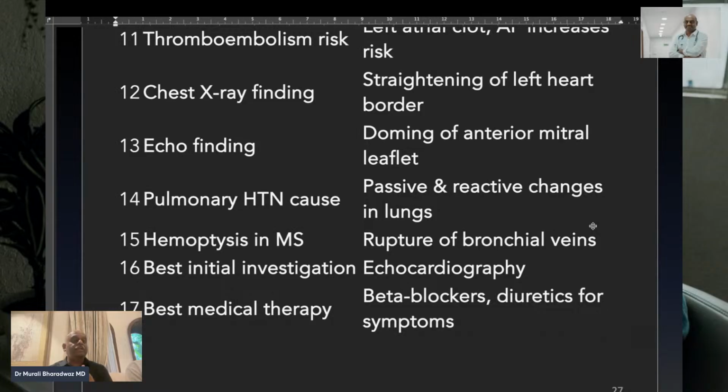Then, what do you see in the chest X-ray? Chest X-ray is a favorite question of the examiner. Typically, when you look at the heart shadow, you have an aortic knuckle, and there is a depression because of the pulmonary artery.